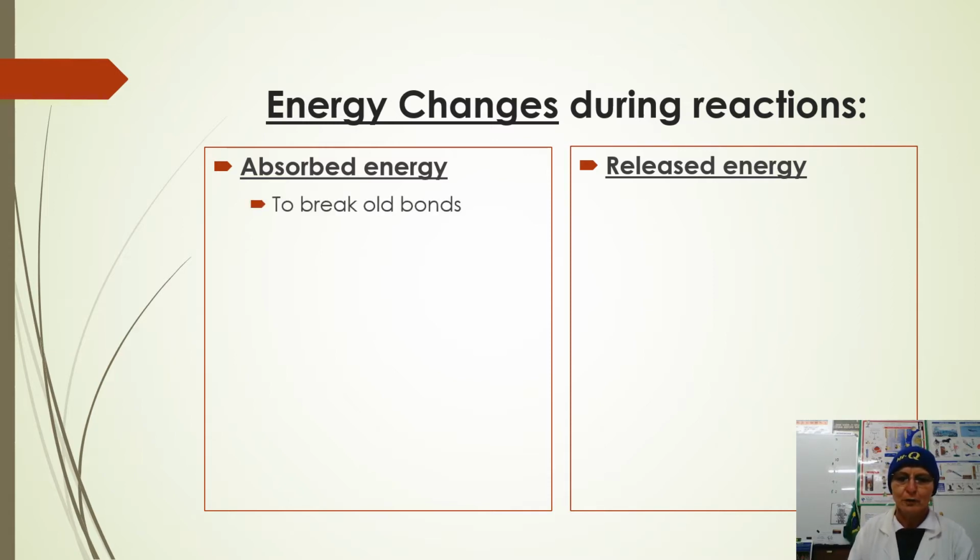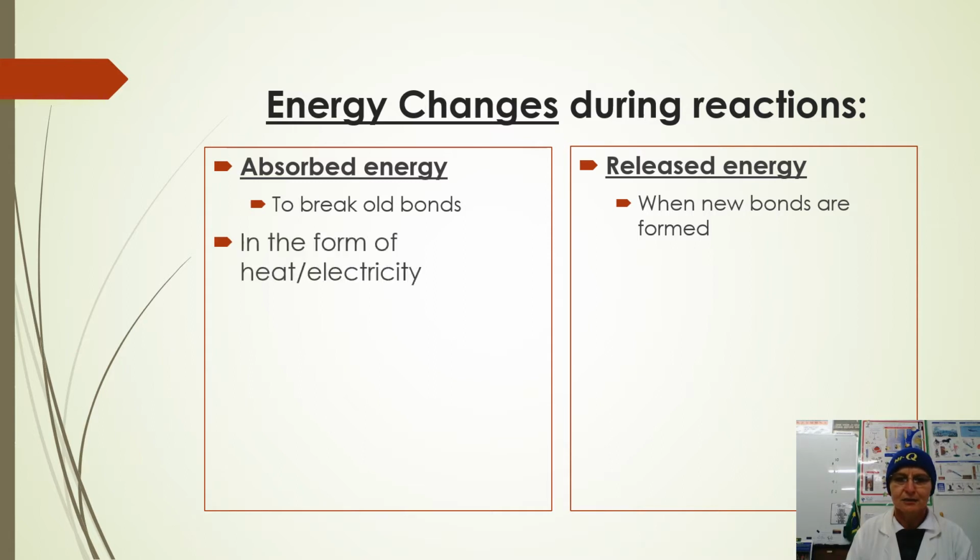So to break old bonds, energy is absorbed. When new bonds are formed, energy is released. The energy that is absorbed can be in the form of heat or electricity. The energy that is released can be in the form of heat or light or sound.